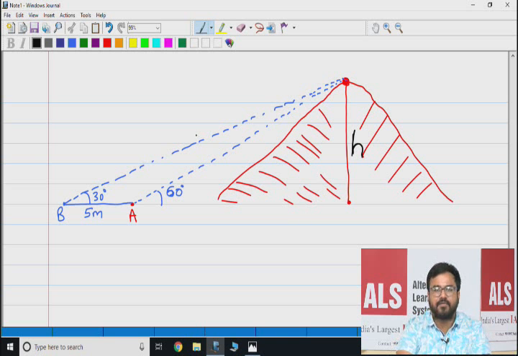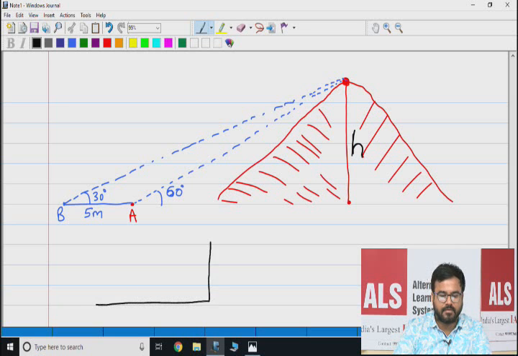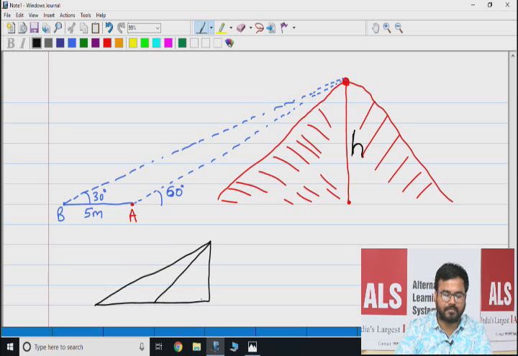Now, if I convert this into a simple geometric diagram, I can draw it like this. This is my H, this point is A, this point is B, this distance is 5, this angle is 60 degrees, and this is 30 degrees.